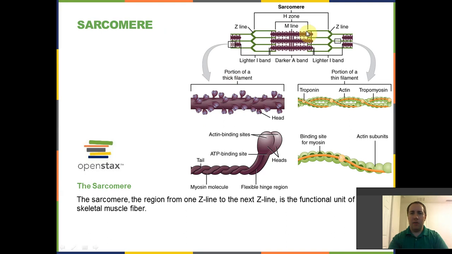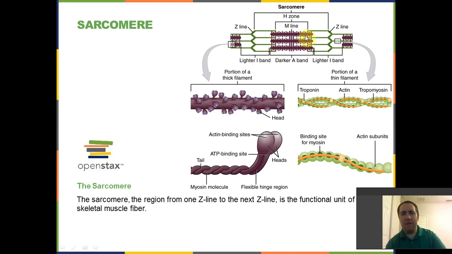And so here we have the A band. If you have thick filament, you are in the A band. If you do not have thick filament, you are in the I band. Part of the A band also has thin filament. We can see that there's this little part where we have thick filament and thin filament.